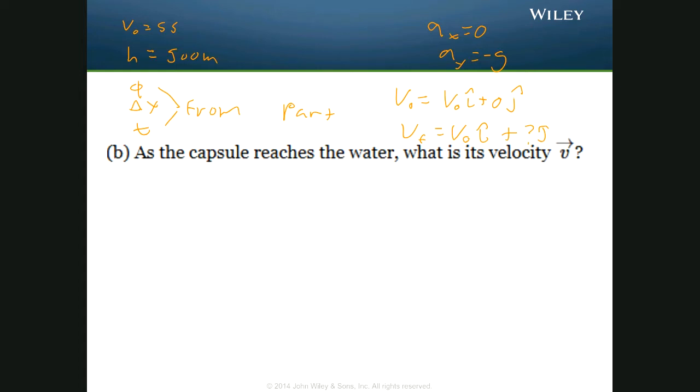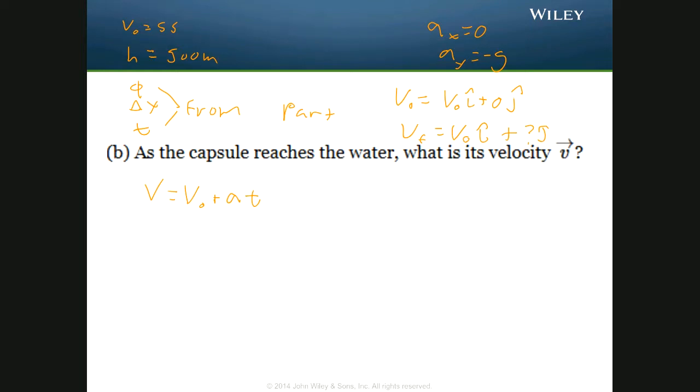Okay? So let's see if we can. The first thing I usually try is to see if the simple equation v equals v naught plus at will work. That looks like that's going to be just fine here.